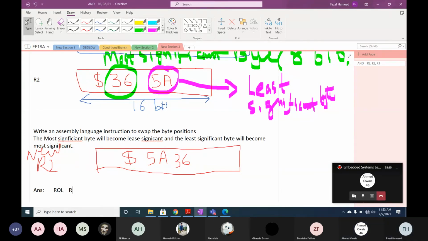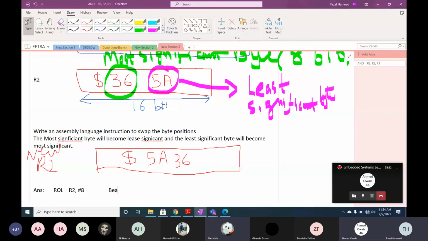R2, hash what? Why #1? It should be #8, because we are moving one byte. Actually, #8. Why #8?